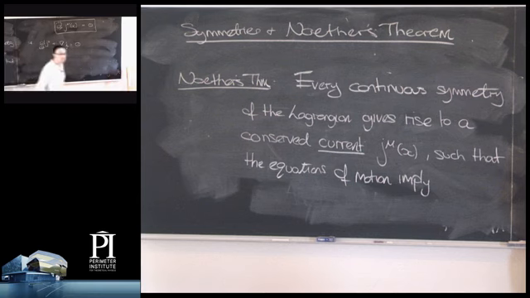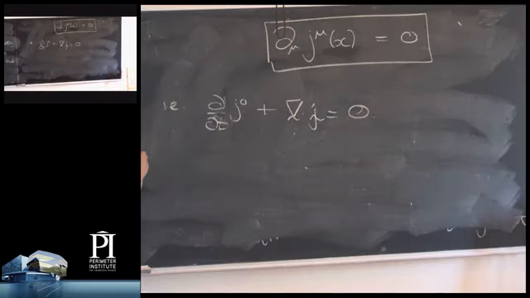No, the mu and the mu are both up, so this just means sum over it, and as long as this is defined with the i up, it's good. Other questions?